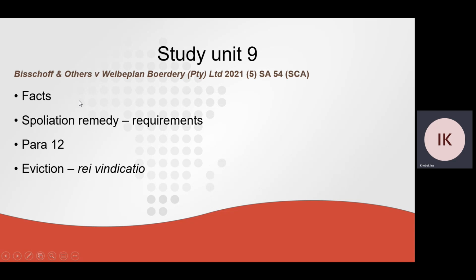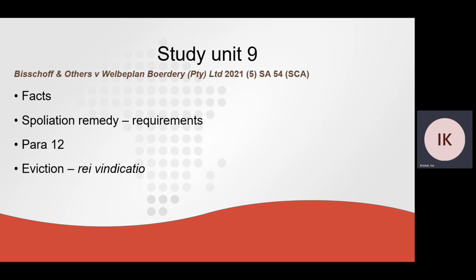It once again refers to persons who are not owners, but persons who are leasing certain parts of a farm. It illustrates very well how the requirements for a successful reliance on the spoliation remedy can or should be interpreted. Paragraph 12 there is very important, and it sums up very nicely what happened in that decision.